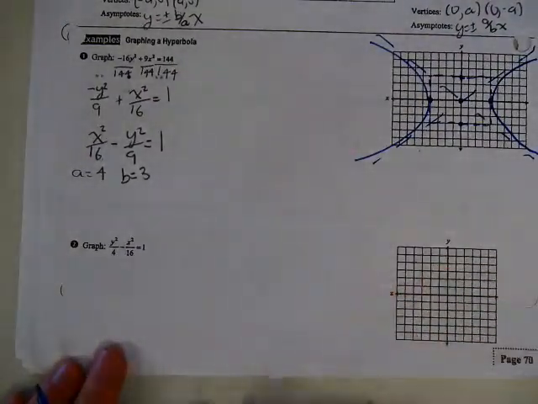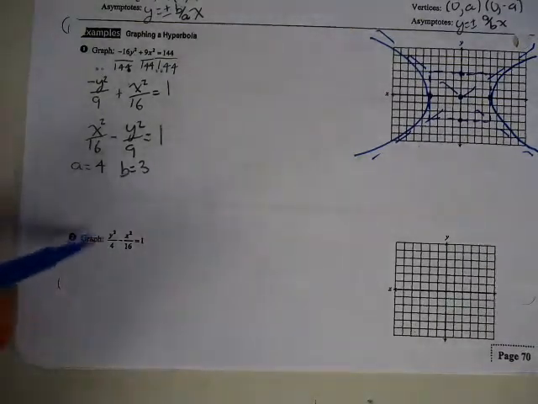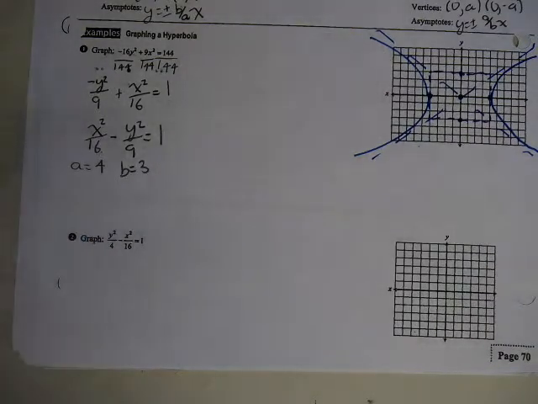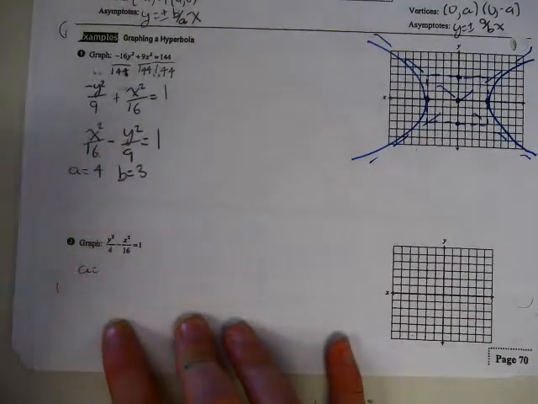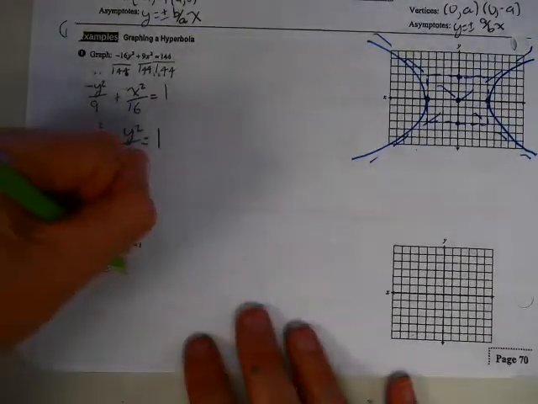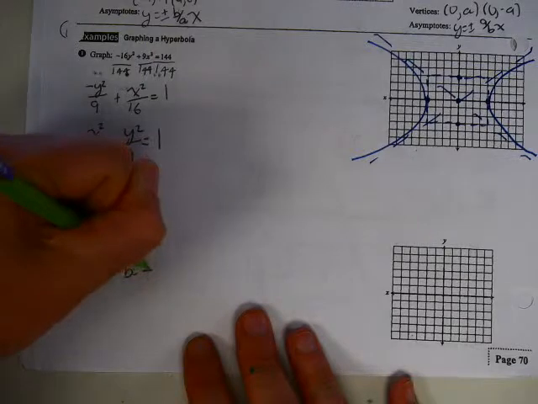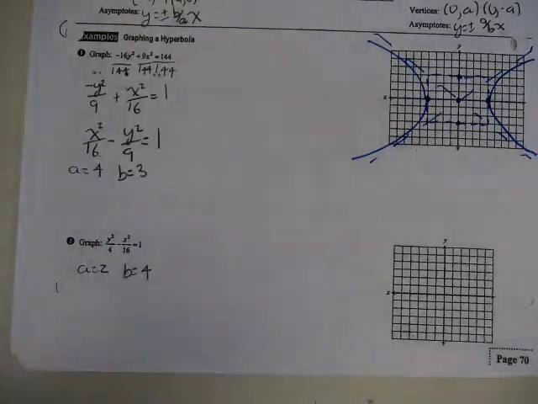So for this one, remember that the a term is always underneath the first term. So a equals the square root of 4, which is 2, and b equals the square root of 16, which is 4. And now I'm going to use a and b to graph.